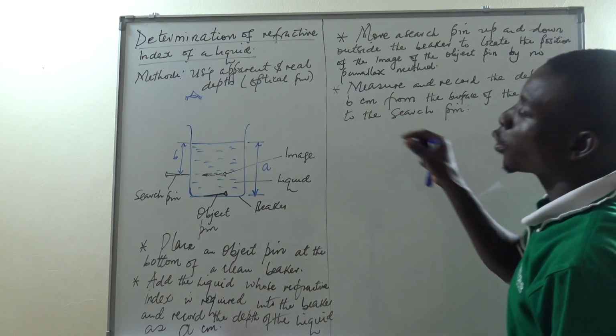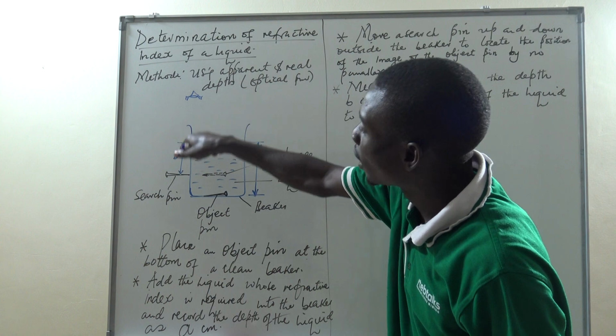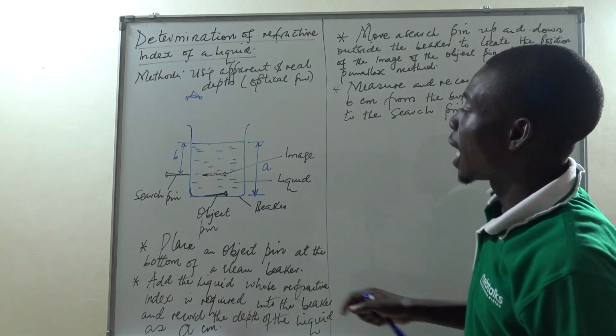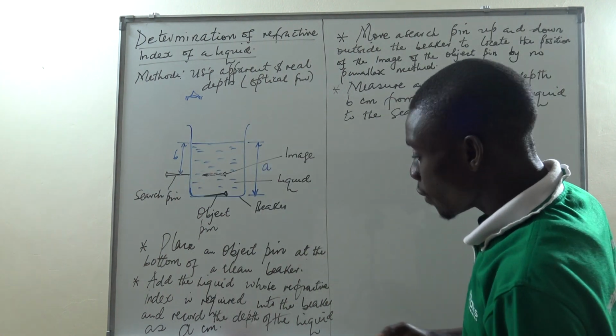Okay? You're supposed now to measure the distance from the surface of the liquid up to where the search pin is as B. Even here we should measure.